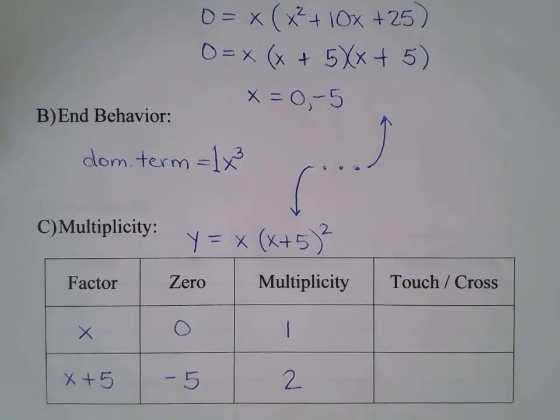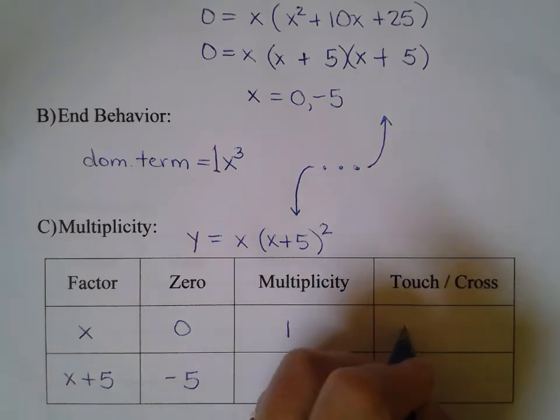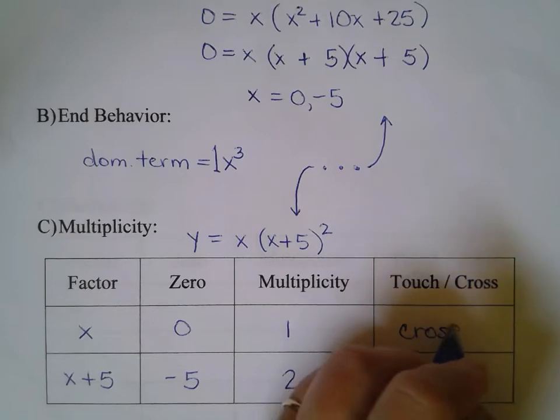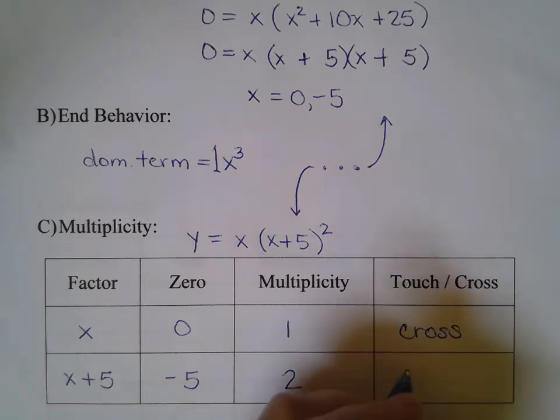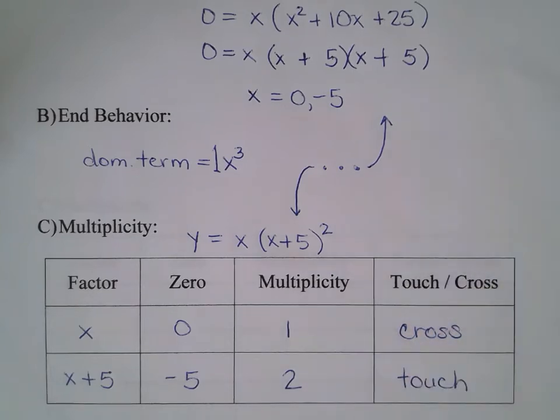Okay, so if we look back at what we were just talking about, that's something we have to remember for this chapter. So a 0 with odd multiplicity, like the x, is going to cross over the x-axis. But a 0 with even multiplicity, like the x plus 5, is just going to touch the x-axis and bounce back.